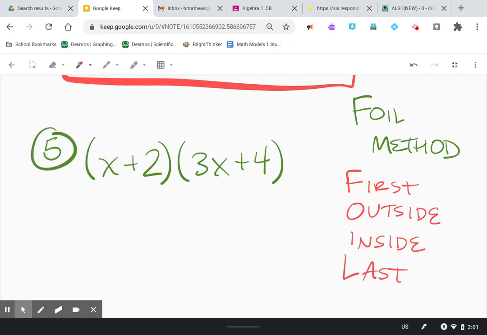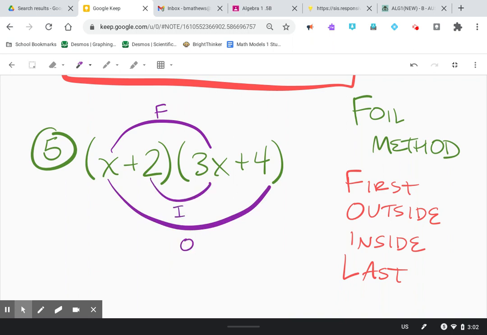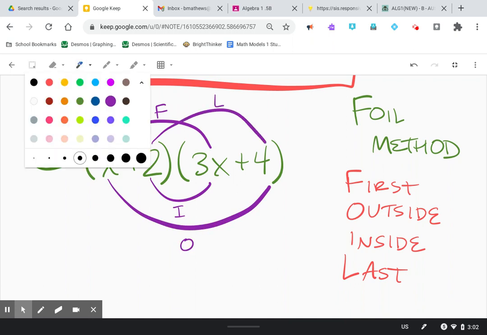So first would be the first term from each parentheses. Outside would be the outside terms. Inside would be the inner terms. And then last would be the outer terms. So let's look at how that plays out.